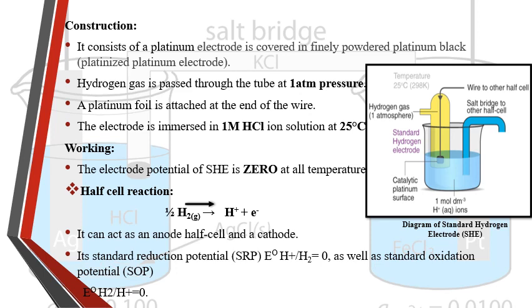It operates under well-defined standard condition and provides a stable reference potential of 0.00 volt for electrochemical measurement. The construction ensures the electrode stability and reproducibility, making it a crucial tool for determining electrode potential and calibrating other electrodes.